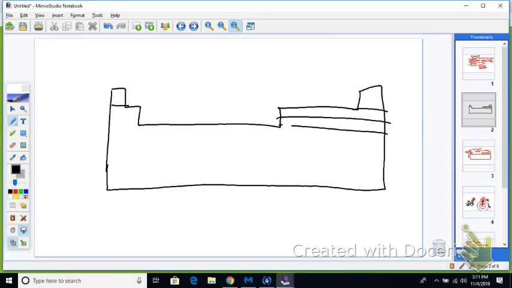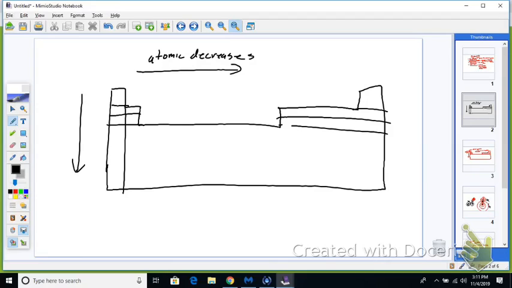What happens to the size of the atom as we go across? Decreases. Atomic radii decreases. Okay, you can actually see it gets smaller. The size of the circles gets smaller and smaller as you go across. If you go down, what happens to atomic radii? It gets bigger.